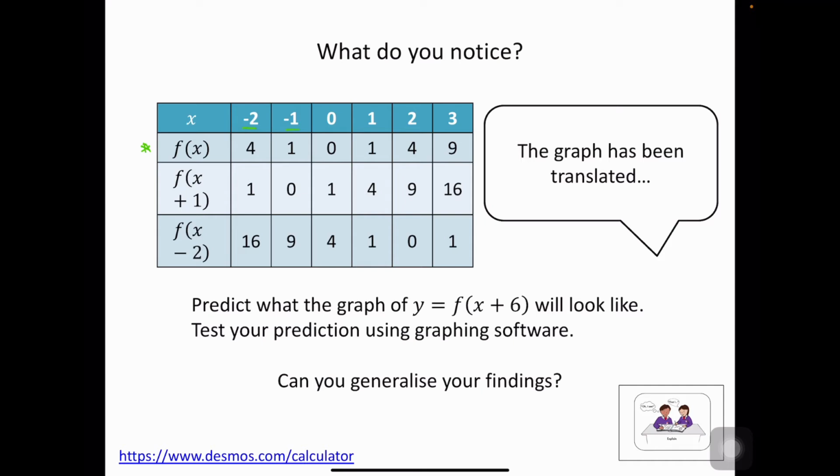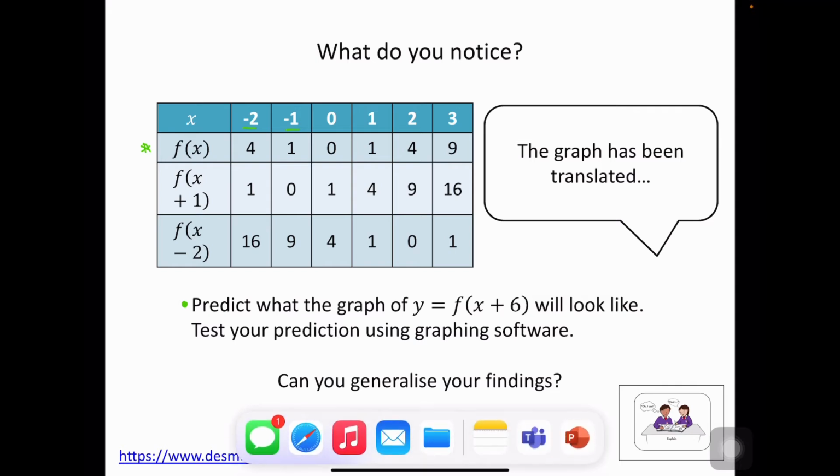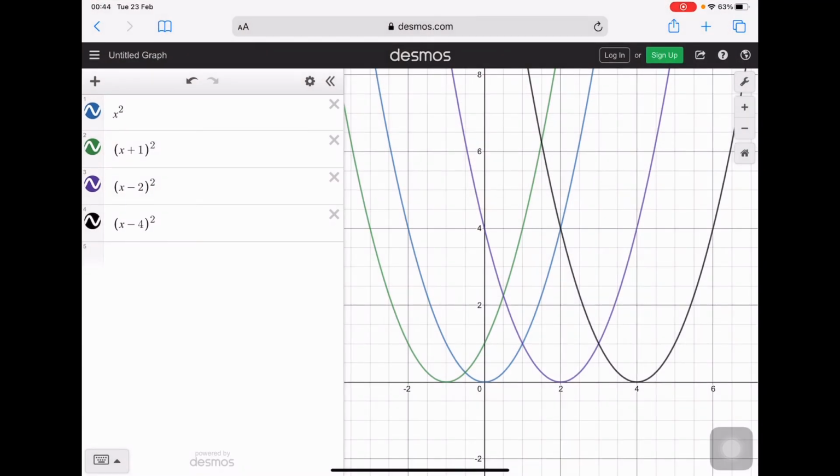here we can see a table of values, and of course that will correspond to the graphs. It says here, predict what the graph of y equals f of x plus 6 will look like. Test your prediction using graphing software. So remember we said when it's x plus a number, we are shifting it to the left.